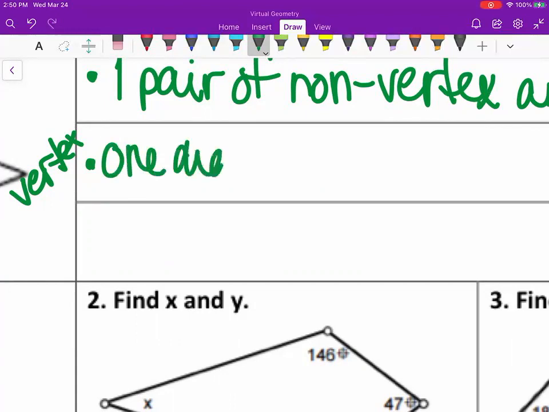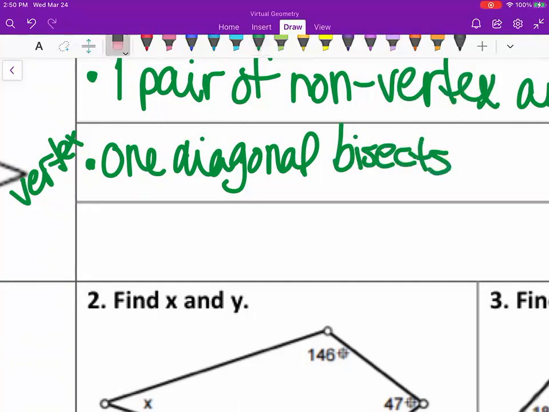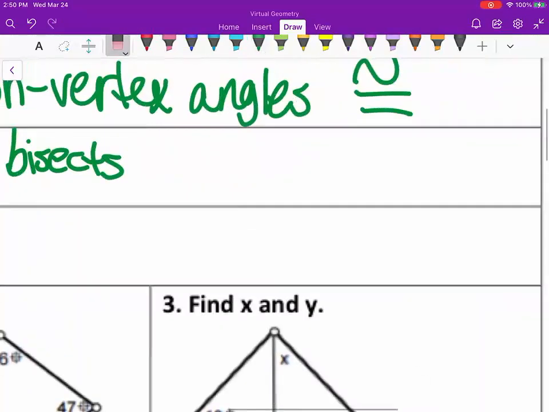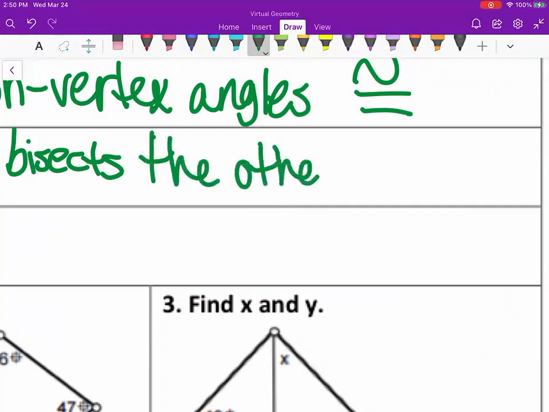One diagonal bisects the other. And they are perpendicular.